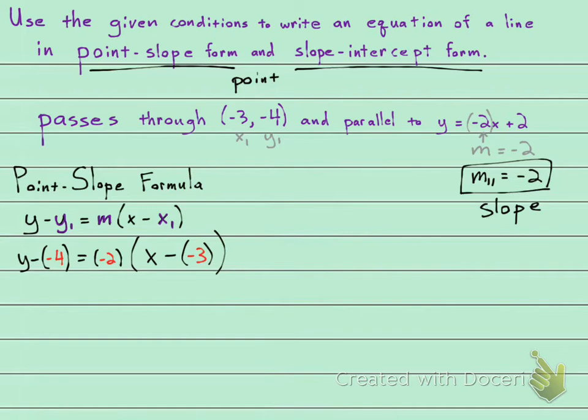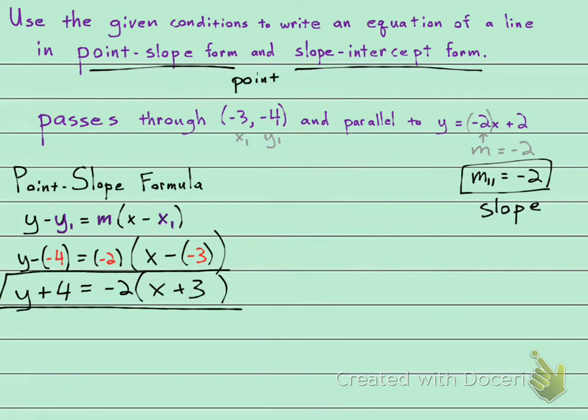We have y minus a -4 is +4 equals -2 times x minus a -3 is x plus 3. All right, so we kind of cleaned it up, and this is our equation in point-slope form. Okay, so this is point-slope form.